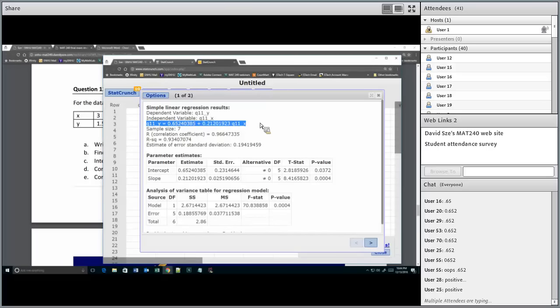So I'll give you a hint. There is an interpretation associated with it. I think some of you are already typing, but the hint is if x increases by what, then y increases by what, right? That's the interpretation. See if someone gets this.